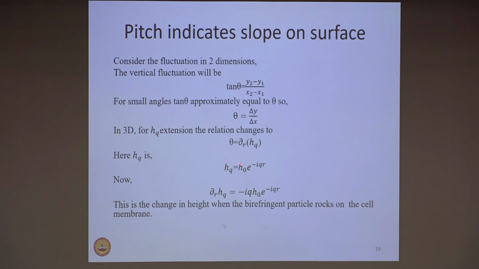Then it becomes a gradient of heights, and that is the key thing. And then you can map it exactly one-to-one with the height correlator function that you have for calculating the membrane fluctuations. So this theta correlator is going to be just the gradient correlations.